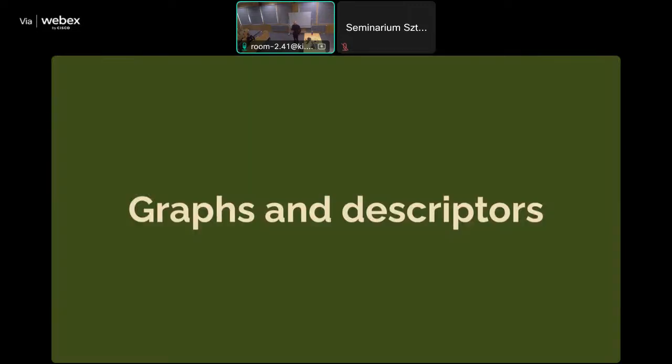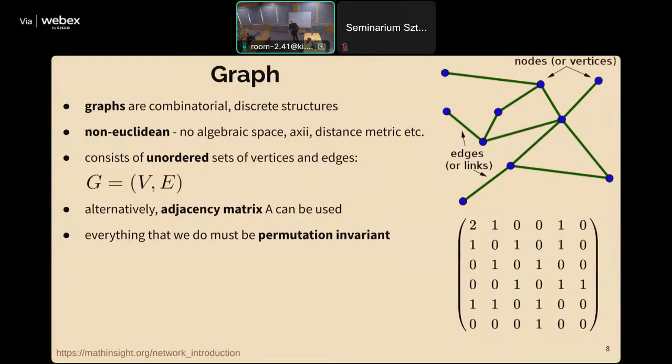So let's do a few basic definitions on graphs and descriptors. This will lead us to some very interesting methods for how to use them in practice. So a graph is a combinatorial discrete structure. This is extremely important, and this is why graphs have been a huge challenge for machine learning. Naturally, there is no Euclidean structure to graphs.